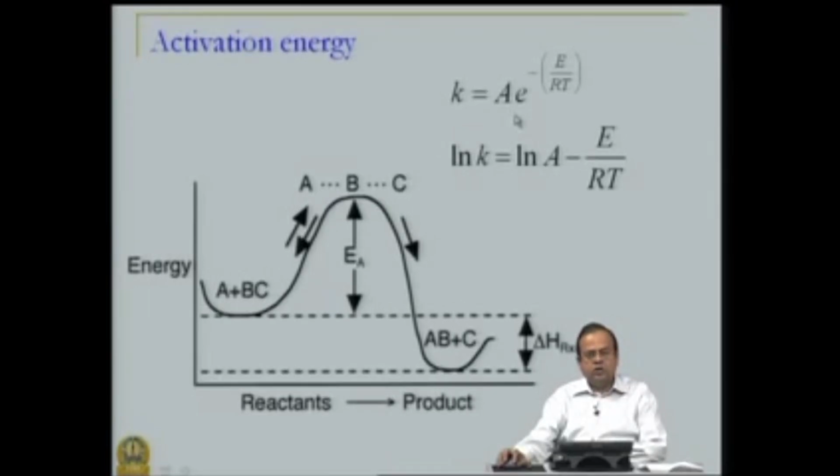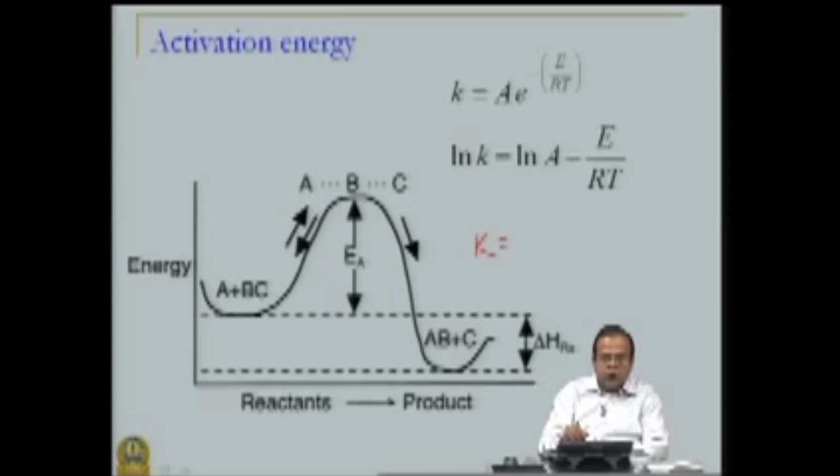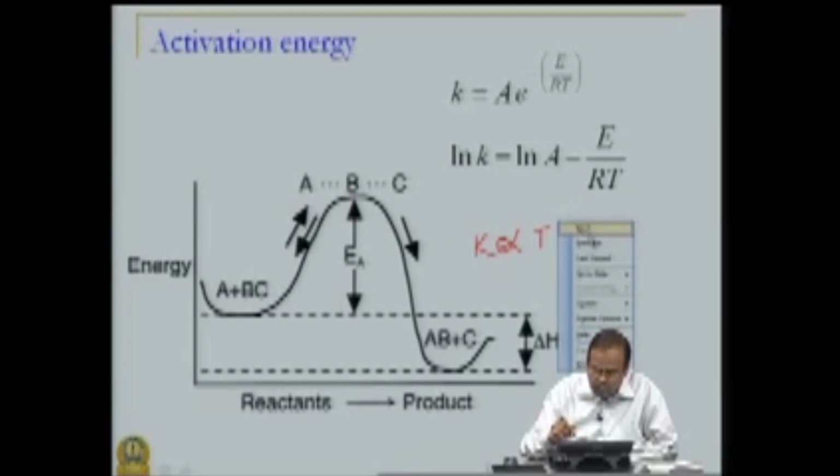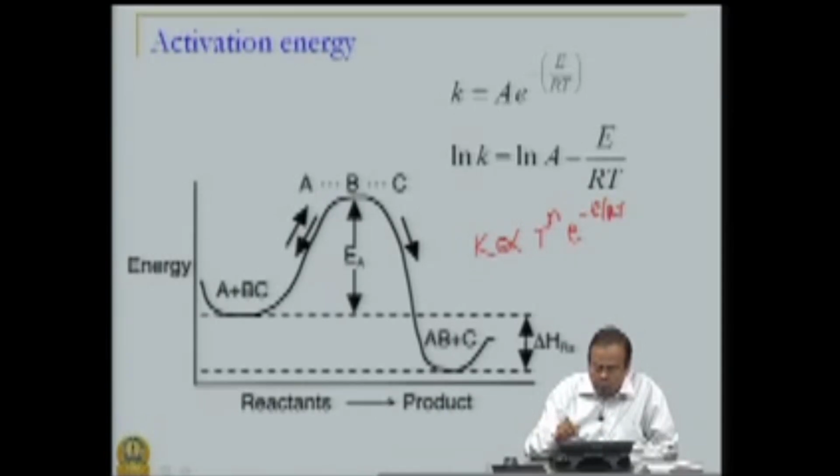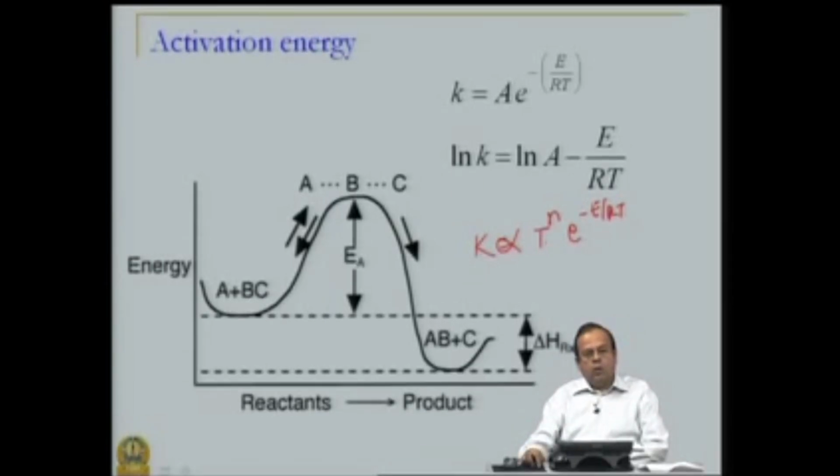Now there is transition state theory, collision theory, and so on, where the dependency is slightly different. In a more generalized form, k is proportional to T raised to the power n, times e raised to minus E by RT, where n can be 0, 1, or half, depending on what framework one is developing for looking at the activation energy.